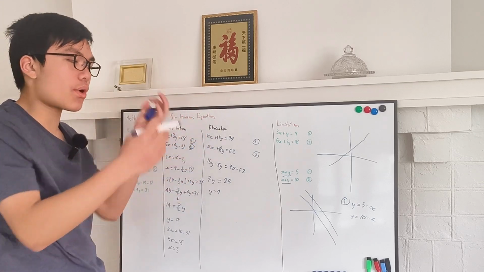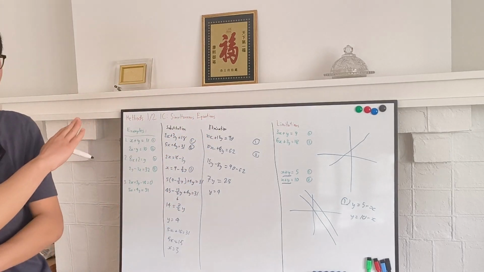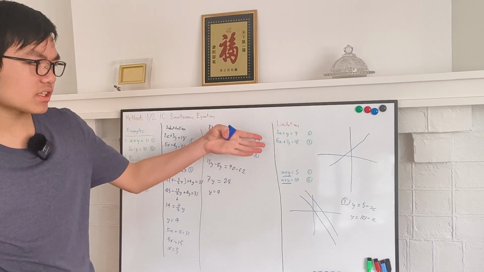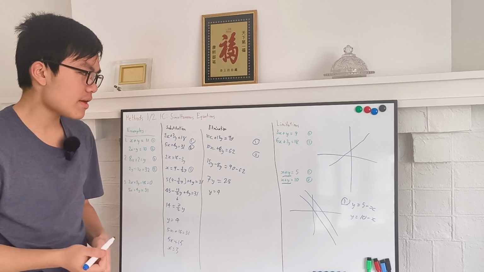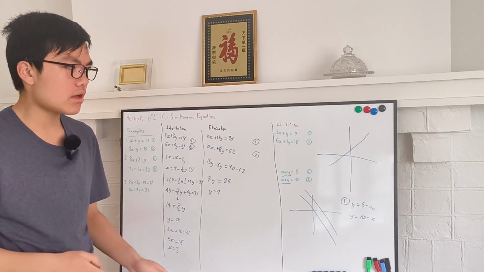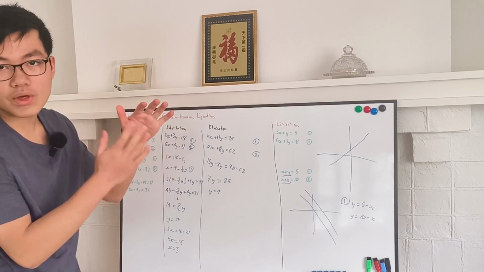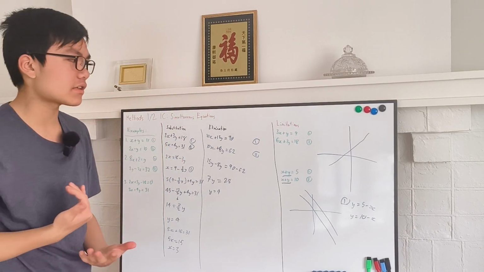They're not on top of each other or anything. Therefore, they have no solutions at all. So when you're looking at these sorts of equations, keep an eye out for these two limitations, because that means they have either infinite solutions or no solutions at all. That is when they are parallel and have the same gradient as each other.